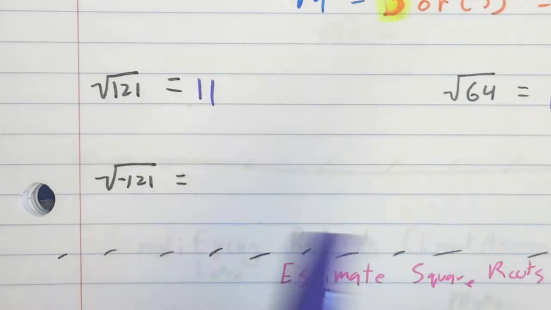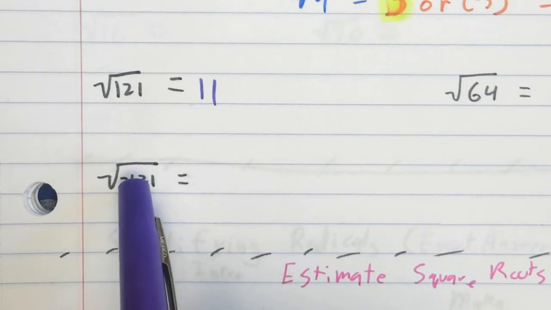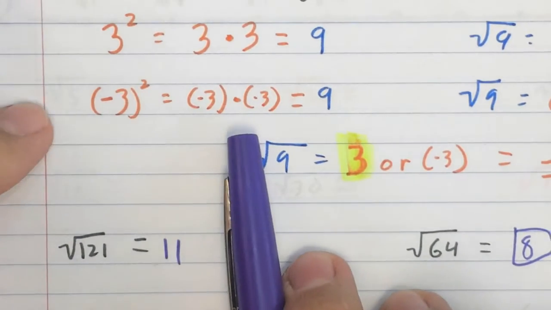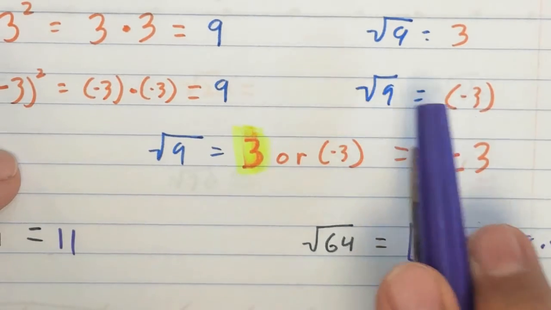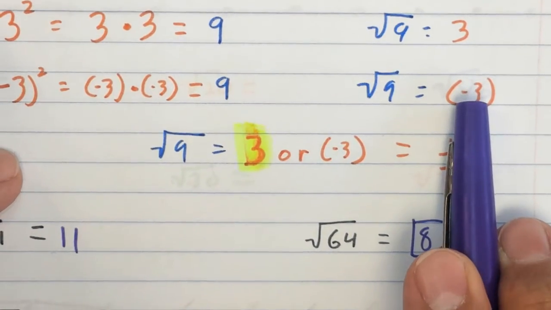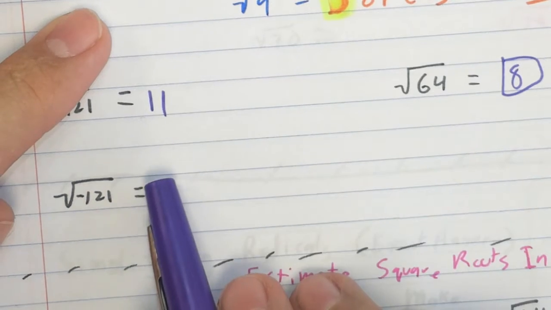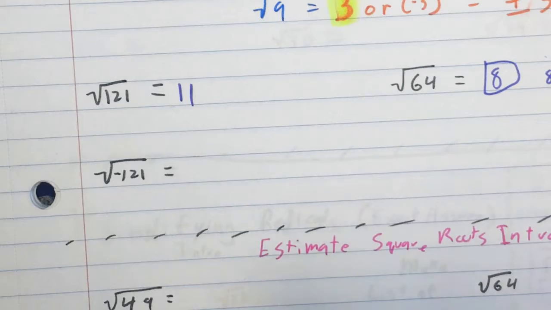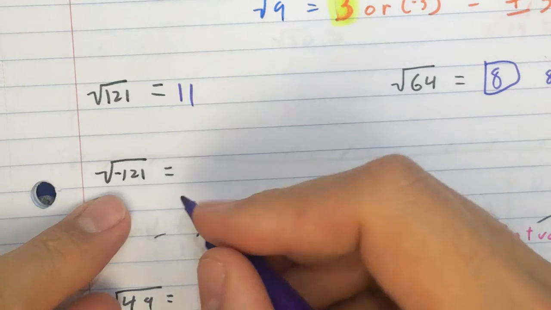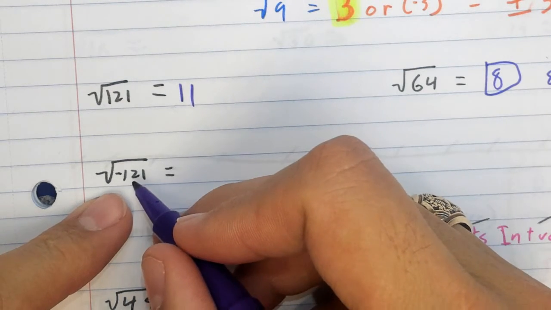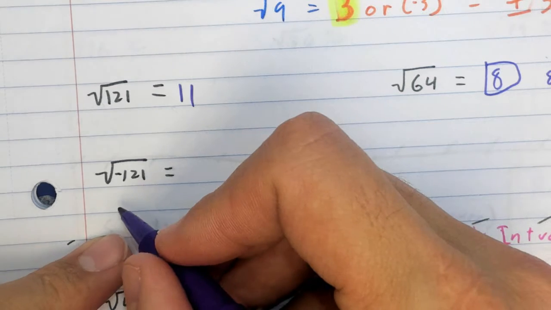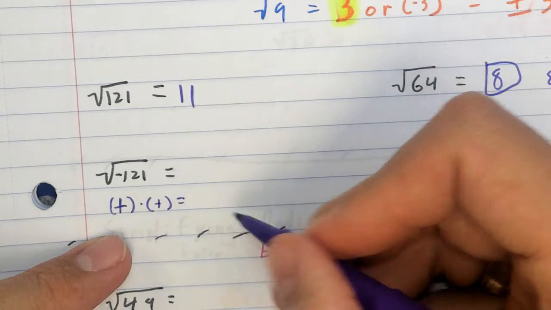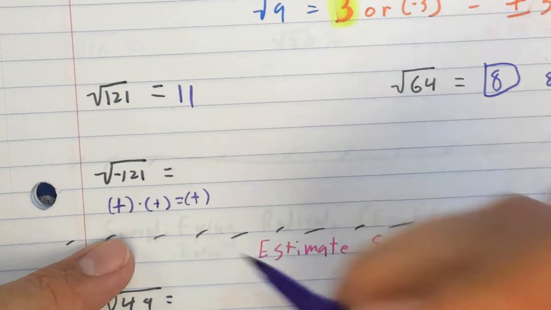I also want to look at trying to find the square root of a negative number. As we're looking up here, the square root of 9 could also be negative 3. There is no way to make a number or have a square root where you can multiply two numbers that are the same and get a negative, because if we multiply a positive times a positive, it is going to be a positive answer.